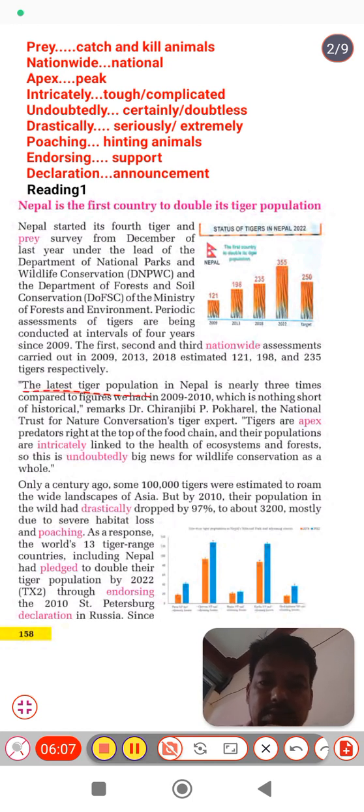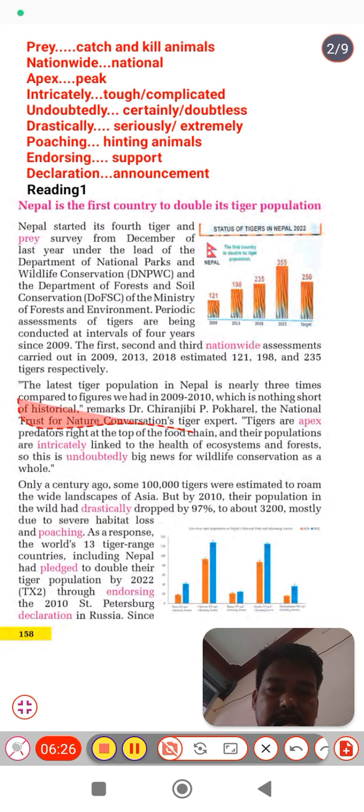The latest tiger population in Nepal is nearly three times compared to the figures we had in 2009-2010, which is nothing short of historical, remarked Dr. Chiranjeevi Pokhrel, the National Trust for Nature Conservation tiger expert.